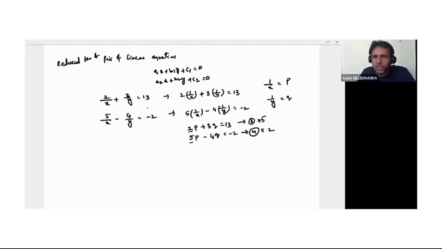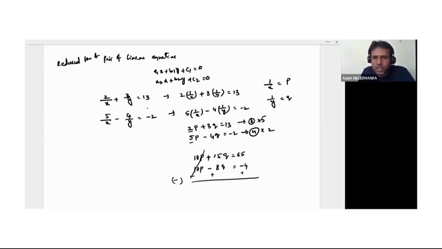Now, how do these equations transform if I multiply with 5? 5 into 2 is 10p plus 15q equal to 13 fives, 65. Now with 2, this is 10p minus 8q equal to minus 4. Now, I will subtract these two equations, which means the signs will get reversed.